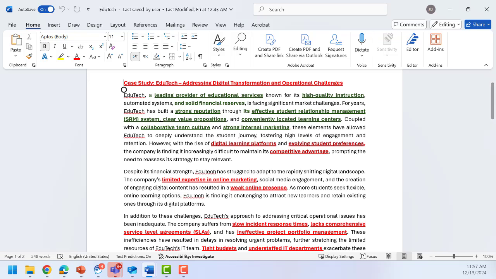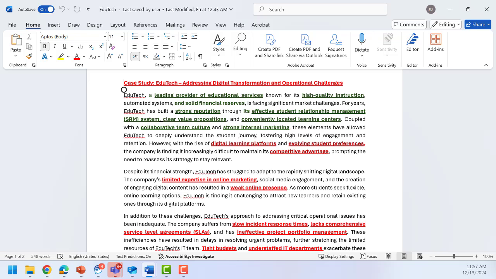Positive words like leading, high quality, solid or strong financial reserves, strong reputation. Those are positive things, for example a strong collaborative team, strong internal whatever.